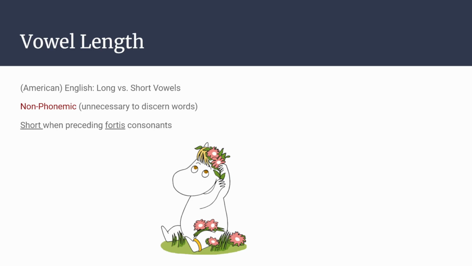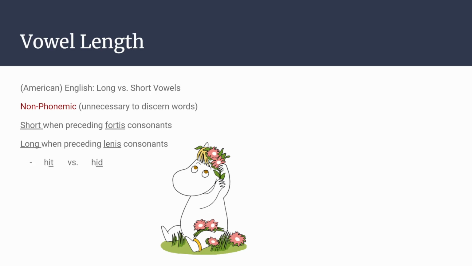This is because it's dependent on whether or not the consonant at the end of a word is fortis or lenis. So the vowel is going to be short when it precedes a fortis consonant and long when it precedes a lenis consonant. However, this is only half of the distinction, because the other half of the distinction is going to be with the voicing of the actual consonant.